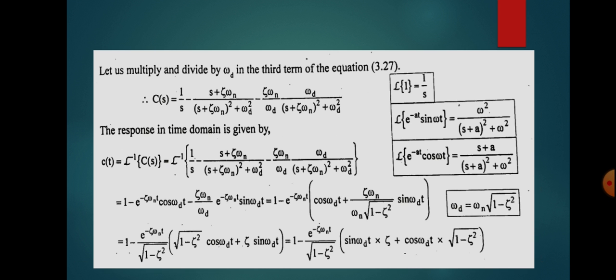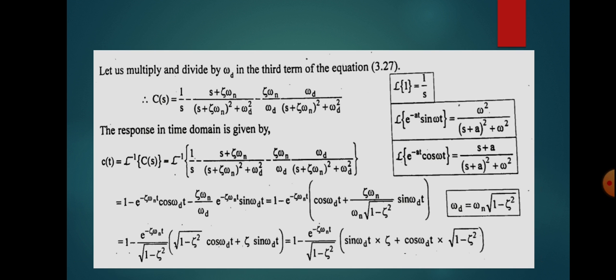Once we take the inverse Laplace transform of C(s), we will get C(t), that will be equal to 1 minus e raised to minus δωn t cos ωd t minus δωn divided by ωd into e raised to minus δωn t sin ωd t. Here you should know the Laplace transform of some of the terms, then only you can find out the inverse Laplace transform.